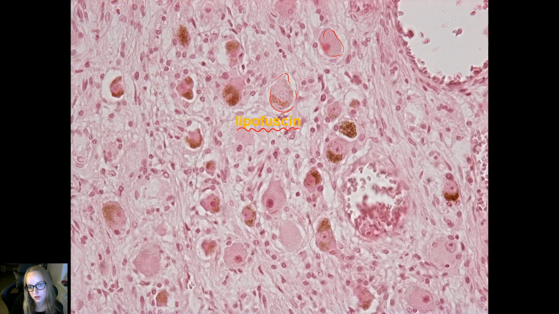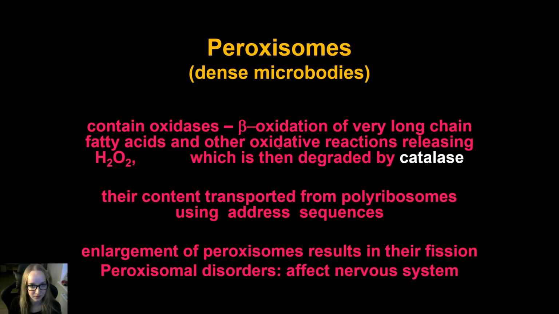These are the neurons. And these cells live very long. So that's why we can see this accumulation of terminal lysosomes here. So lipofuscin is a degradation product of lipids.